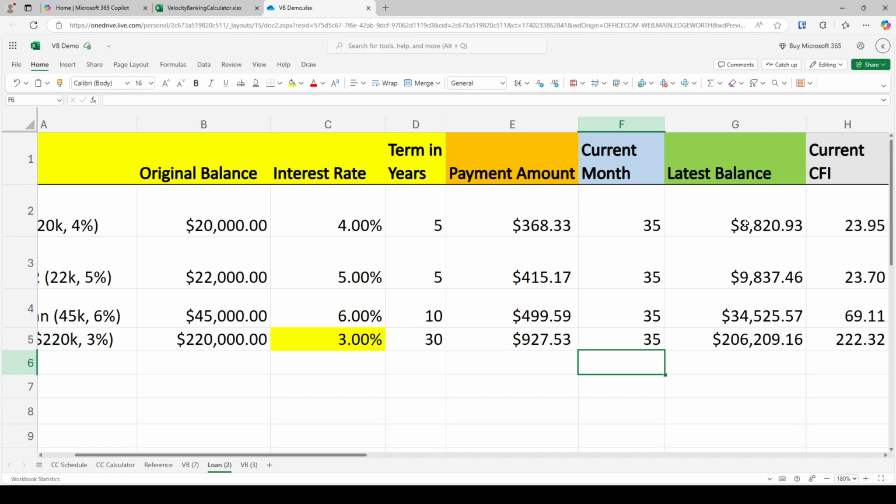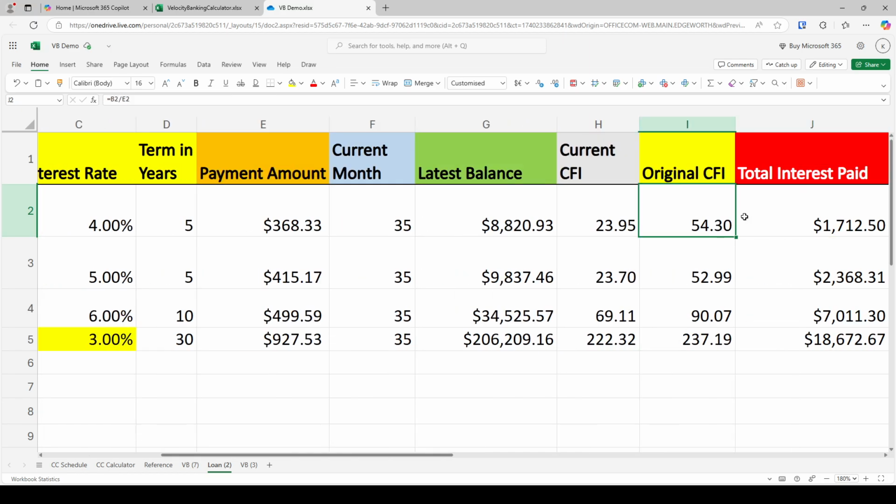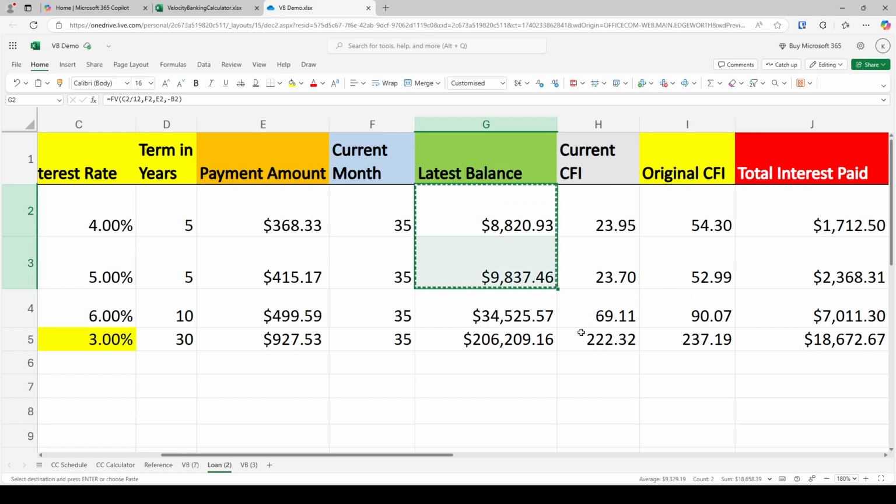These are the current balances of all the loans, and an easy way to figure out which ones we pay off is something called a cash flow index. I'm not going to explain it here, but basically think of it as a ranking system, and the lower the number, that's the one you want to pay off because you get more bang for your buck for paying off that loan.